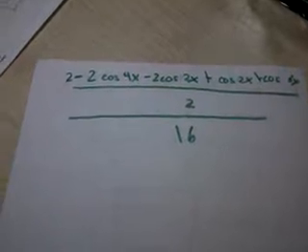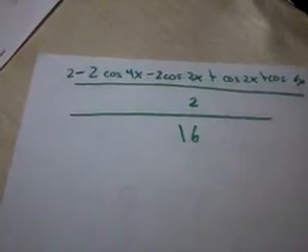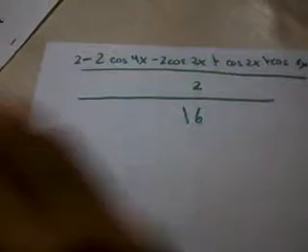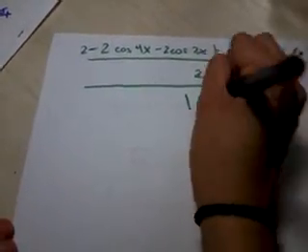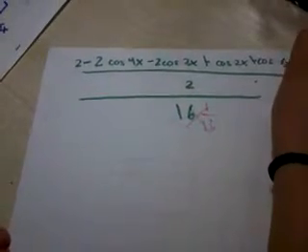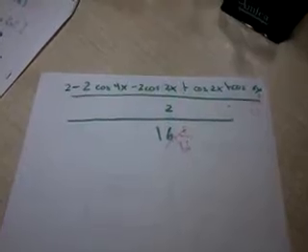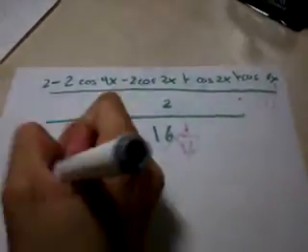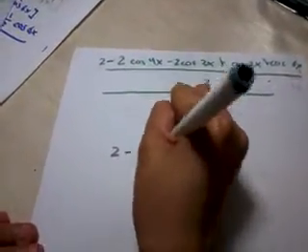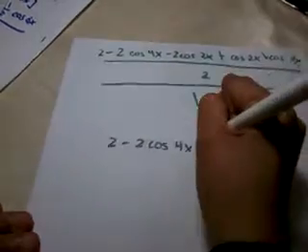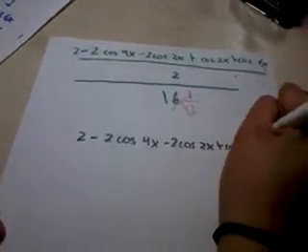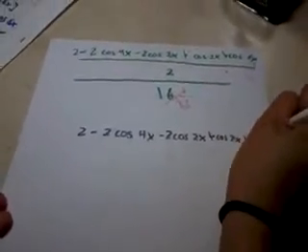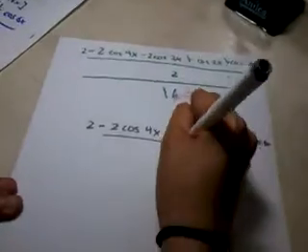We're going to get rid of this denominator by multiplying by 1 over 16. This cancels, and the same thing by 1 over 16, and we get 2 minus 2 cosine of 4x minus 2 cosine of 2x plus cosine of 2x plus cosine of 6x all over 32.